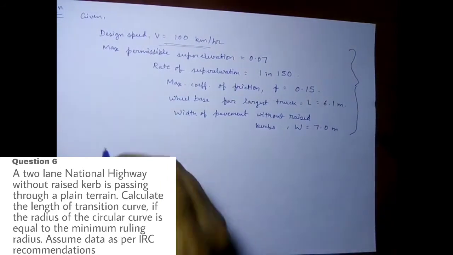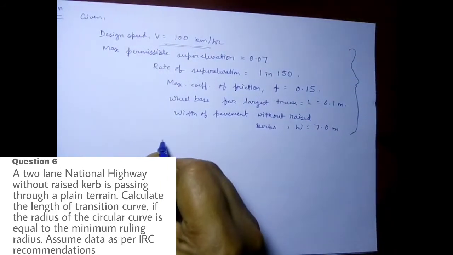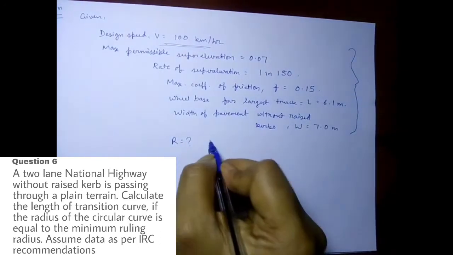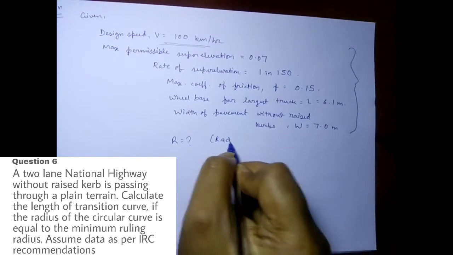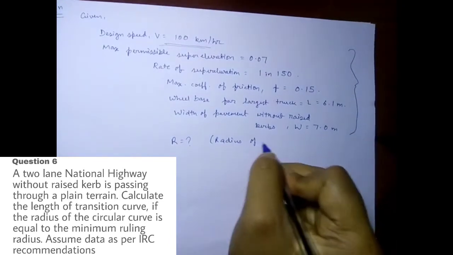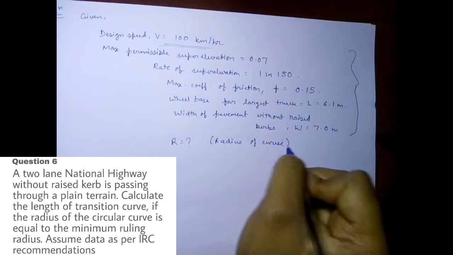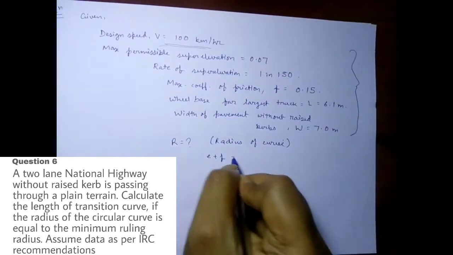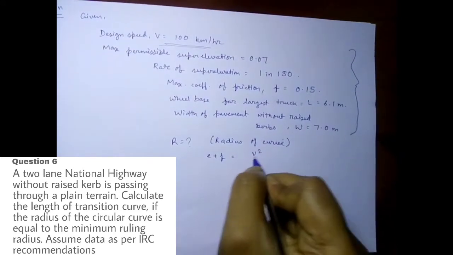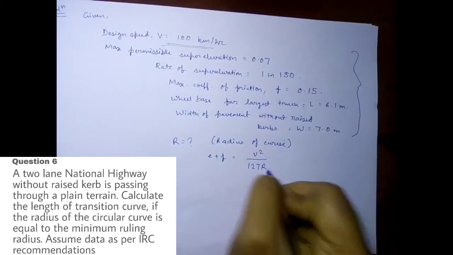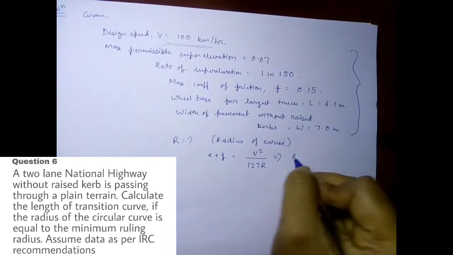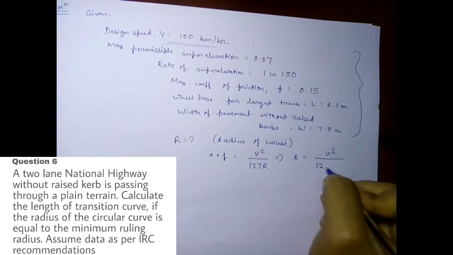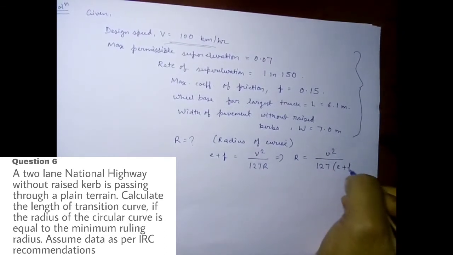So first let us find the value of R. R is the radius of curve, and we know that E plus F is equal to V square upon 127R, and thus we get R is equal to V square upon 127 into (E plus F).